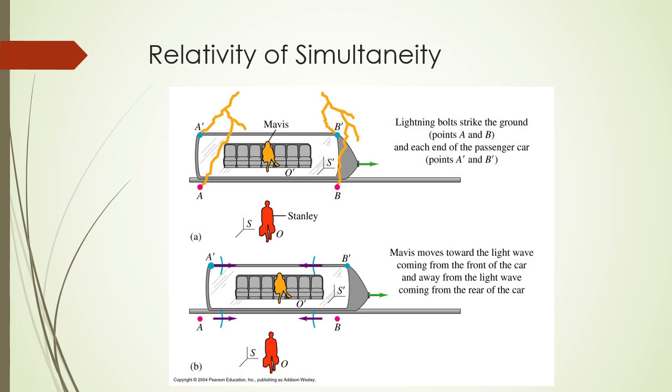But then, because he's standing at the platform, these waves also travel to his eyes at the same speed, the speed of light. And since he can work out backwards that they all travel at the speed of light, they also must have impacted A prime, B prime, B, and A at the same time coordinate t.